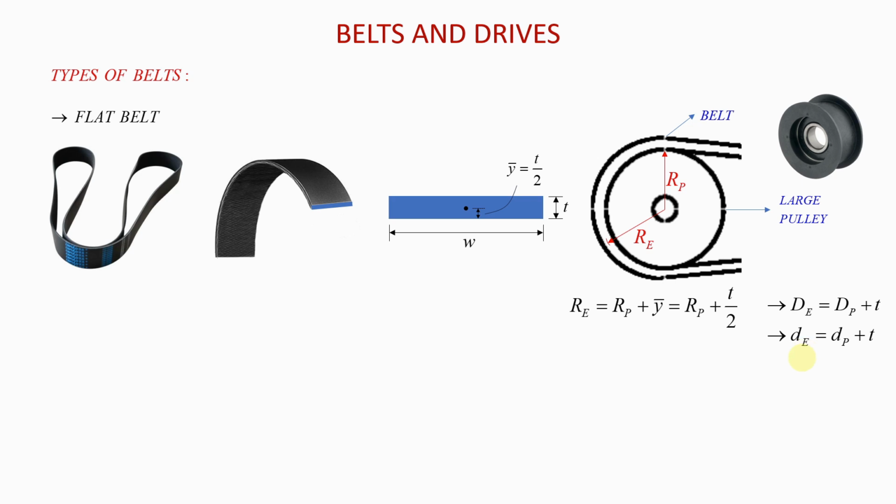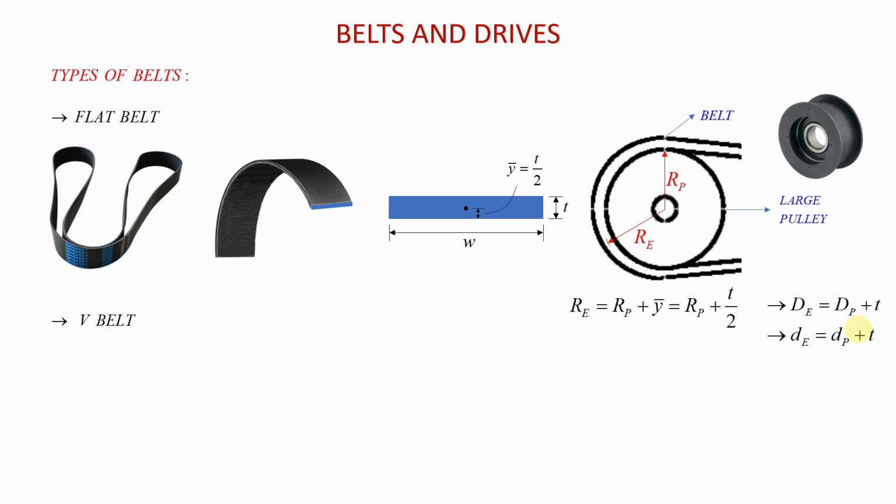So this is how we find the effective diameter of the large pulley. Capital DE will be equal to capital DP plus T. For the small pulley, the effective diameter, small de, is going to be equal to small dp, the diameter of the small pulley, plus the thickness. So these are important equations to find the effective diameter.